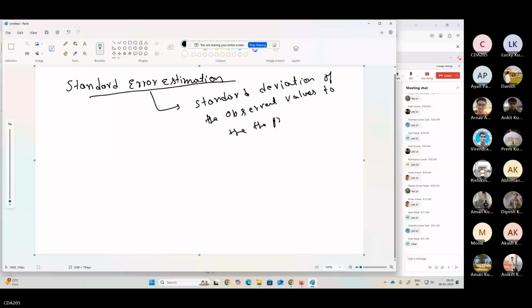The formula for this is under root summation of yi minus yi cap, whole square, by n minus 2, where n is the number of samples.